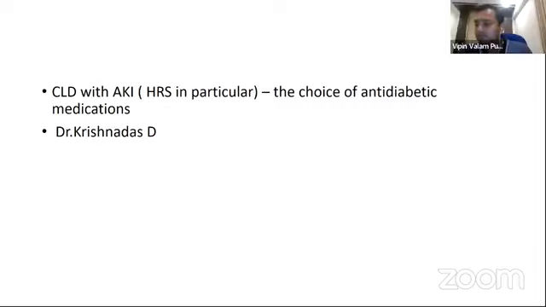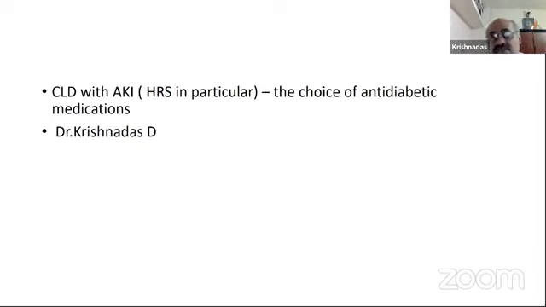I couldn't find any data on AKI, but what I think is we can extrapolate it from CKD, because the American Diabetes Association 2021 guidelines say metformin is contraindicated. You should withdraw metformin, especially as a patient with AKI, HRS will be having decompensated liver disease. So drugs that cannot be used in decompensated liver disease cannot be used in such patients. So metformin should be withdrawn.